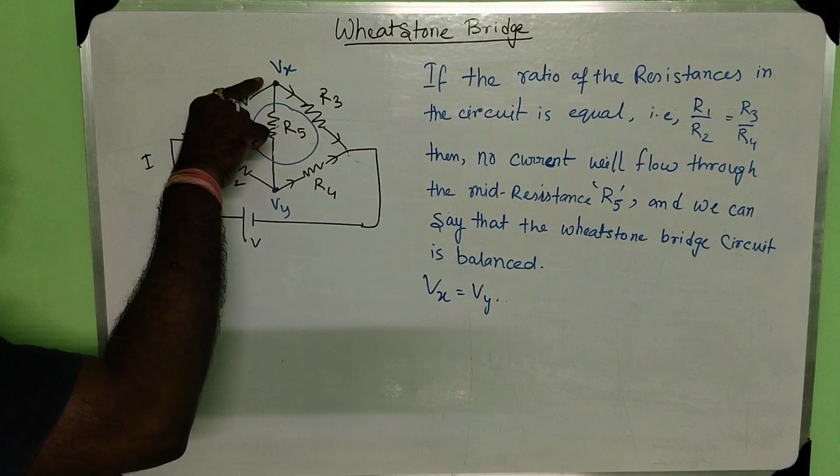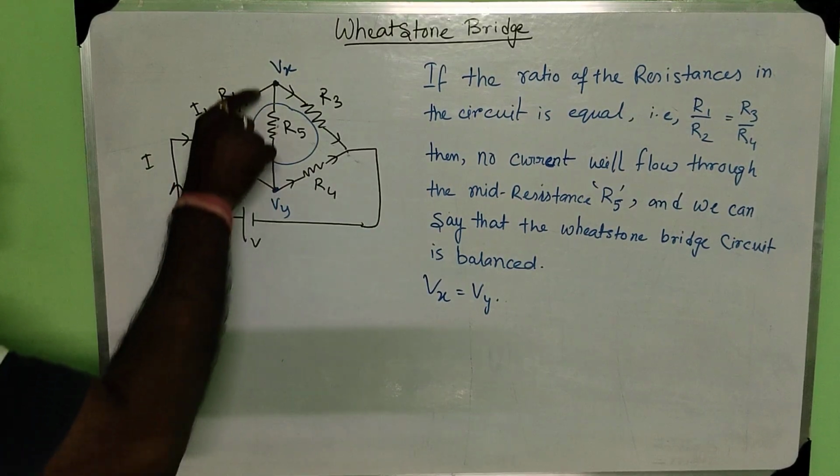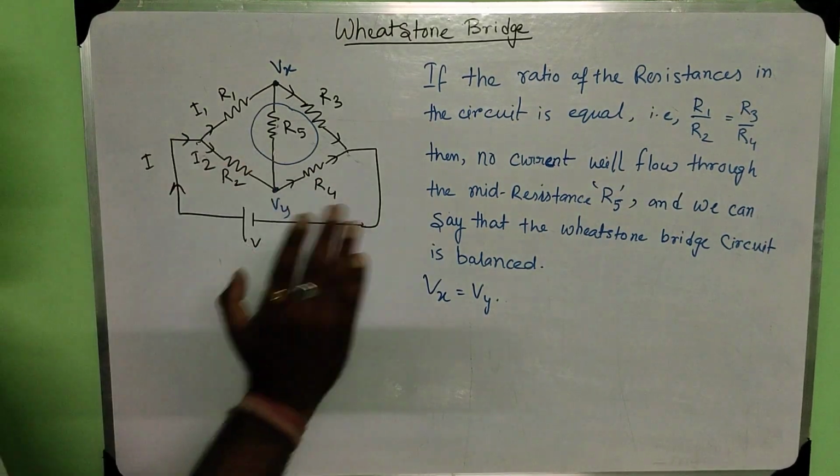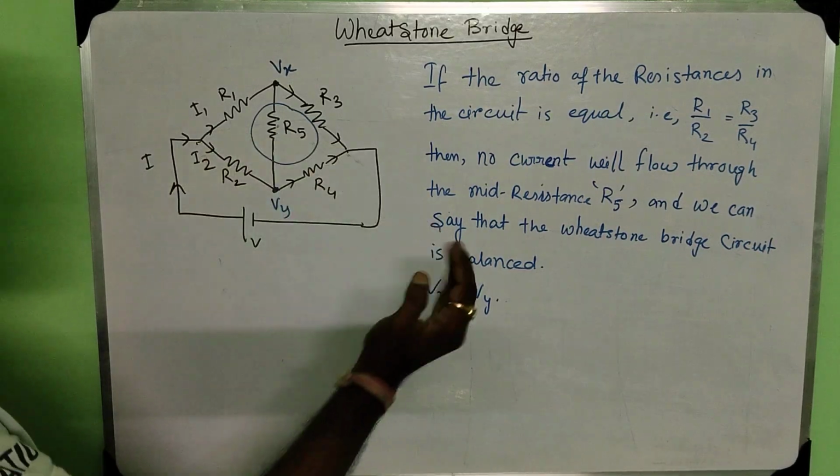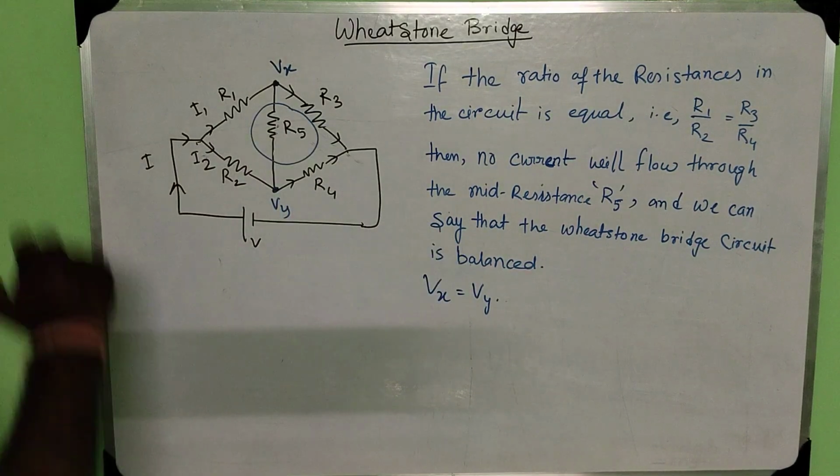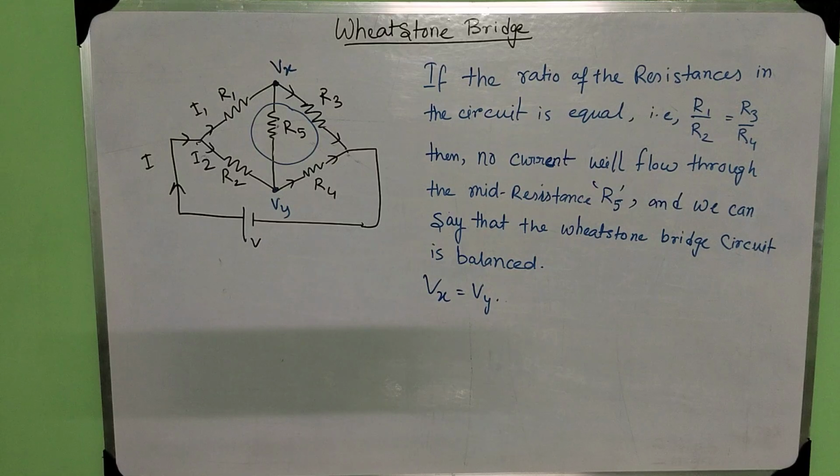That means the potential at these two terminals is equal, and then the Wheatstone bridge circuit is balanced. So this is the Wheatstone bridge principle, and now we have to prove it.